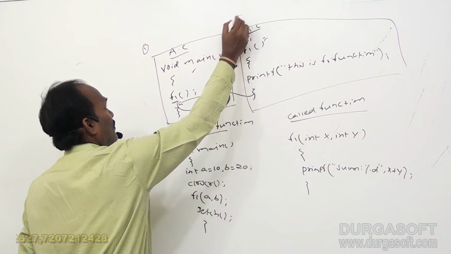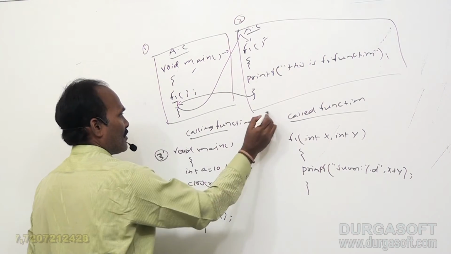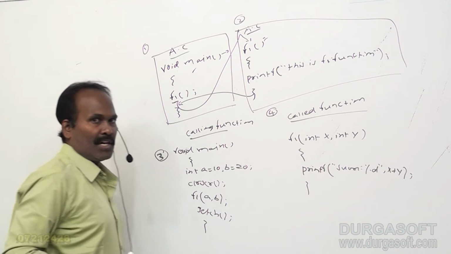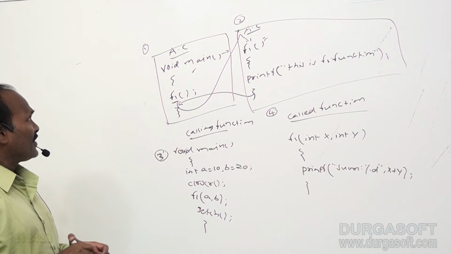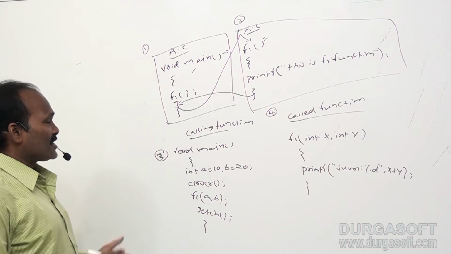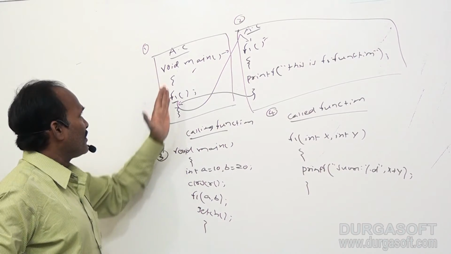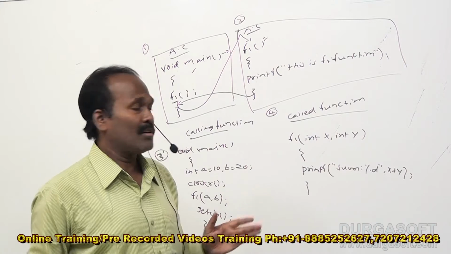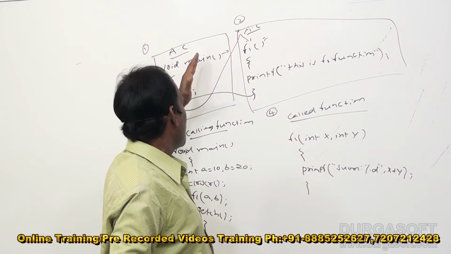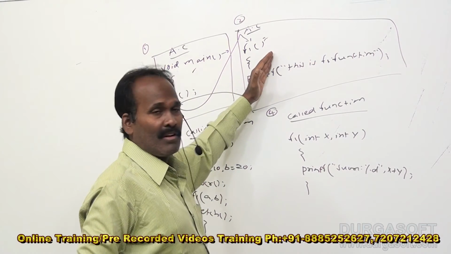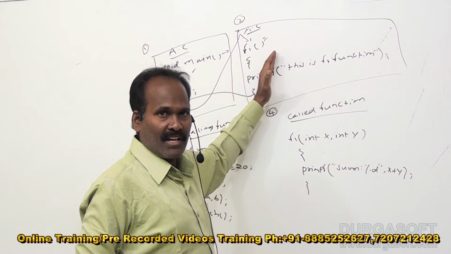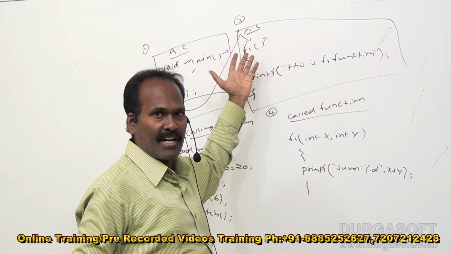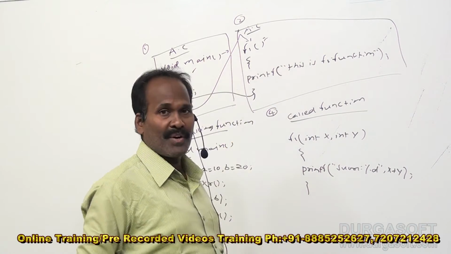This is 1, 2 and this is 3, 4. The difference between the two versions is that in the first, only communication occurs between the main function and F1, but there is no data communication. The A.C function is not going to submit any data to the F1 function, and the F1 function is not going to return any value to the main function.